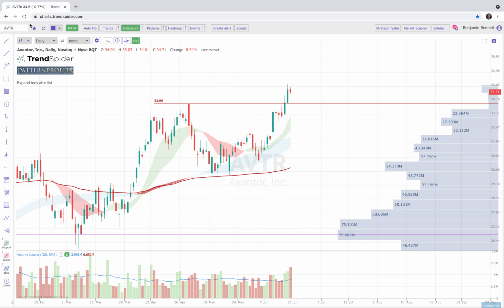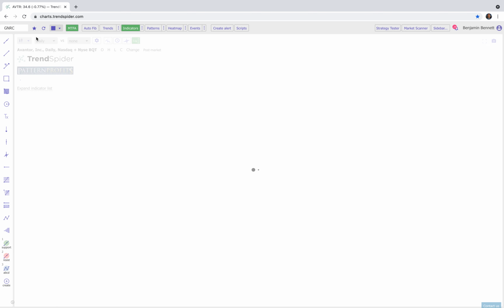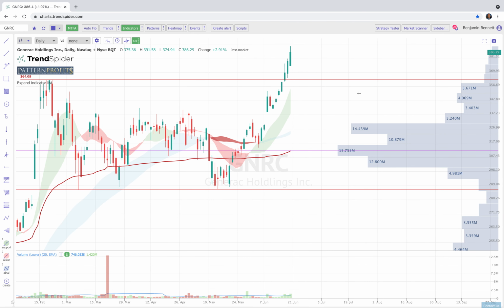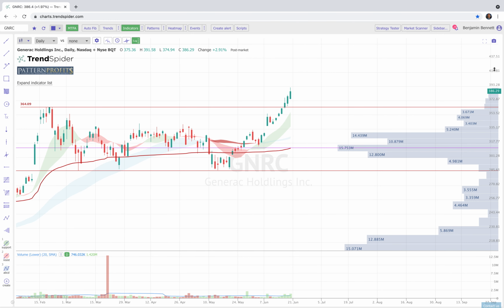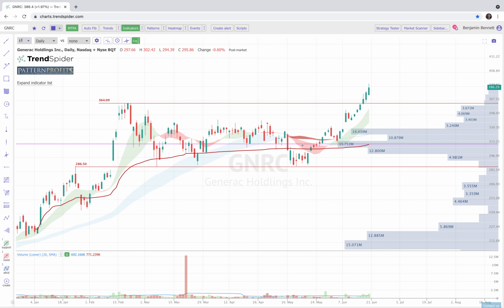Let me give you another one. GNRC was also on the watch list last week. This is another one that worked. 364.09 was the pivot. If this doesn't take out 364.09, which is this high back here, on big volume, and this just stays below and drifts sideways, there is no actionable entry.